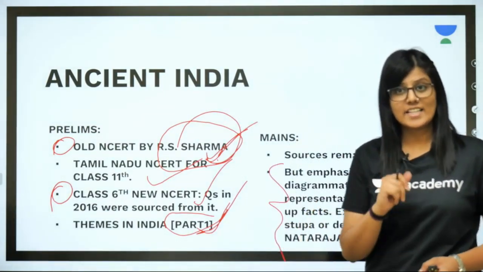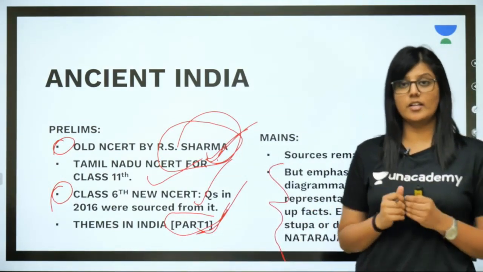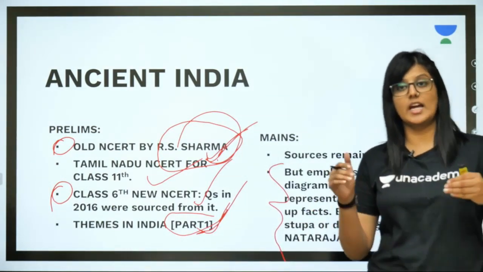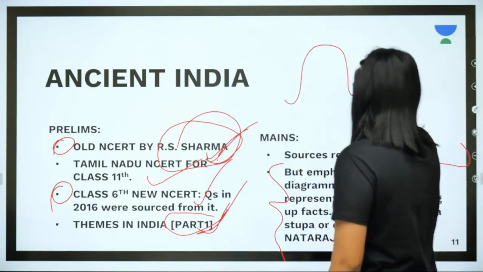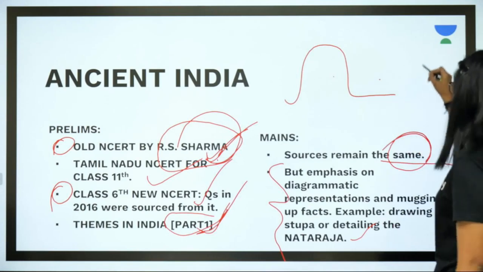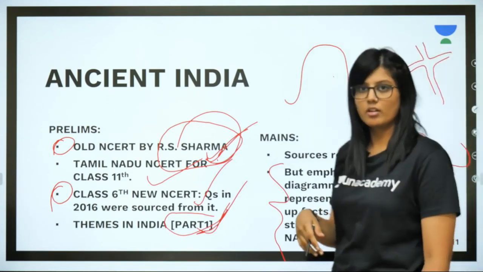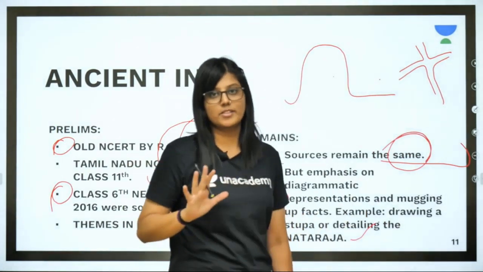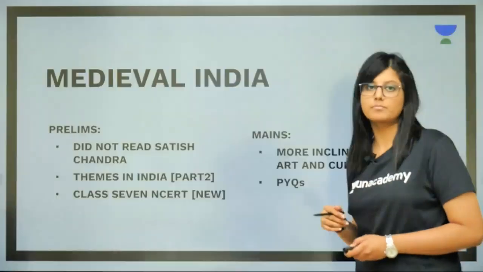For example, if Indus Valley civilization comes up, and the fact that they had a very good organization of cities and 90 degrees lane cut, you can draw something like this. This is a citadel, this is a city. Or you can draw something like this, 90 degrees. Very, very simple. Diagrammatic representation enters a bit in mains, in prelims you do not require that.